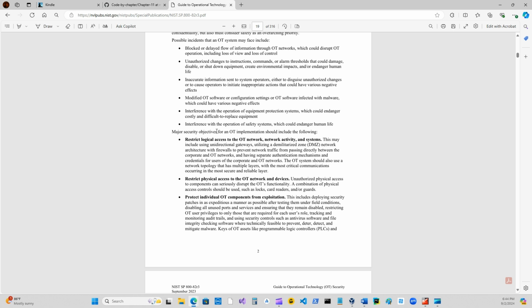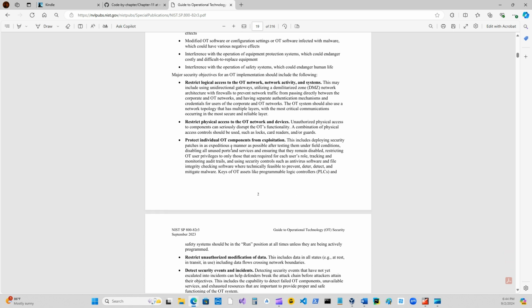So, major security objectives for OT implementation. If you're trying to set up an OT framework, it gives you what to look for. Here you go: restrict logical access to OT networks, network activity and systems. This is for the network.